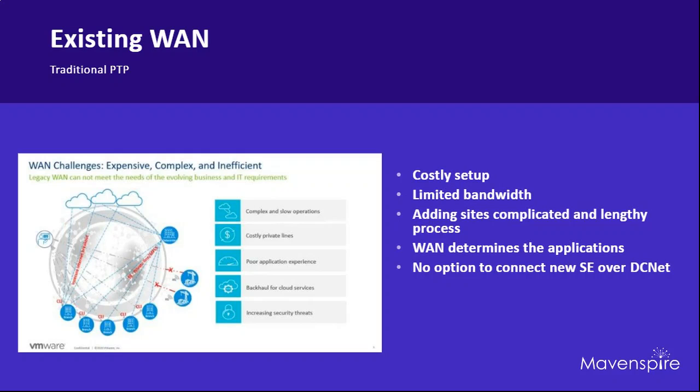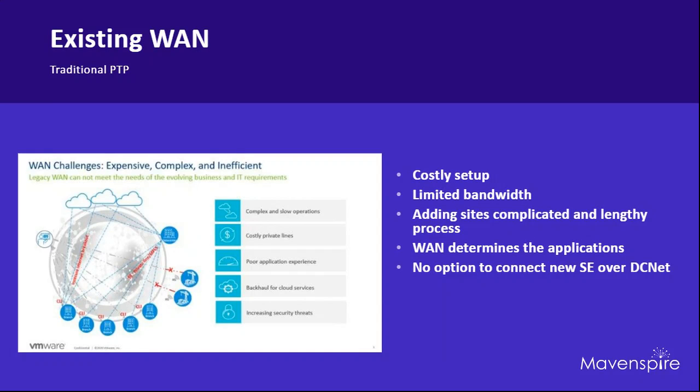The drawbacks with that is that using some of the existing technologies that come from telcos, it's a very costly setup. It's a complicated technology. You typically have limited bandwidth, and it comes at a premium cost. Adding sites is complicated because you have to have long lead times for circuits to be deployed, up to 90 days.